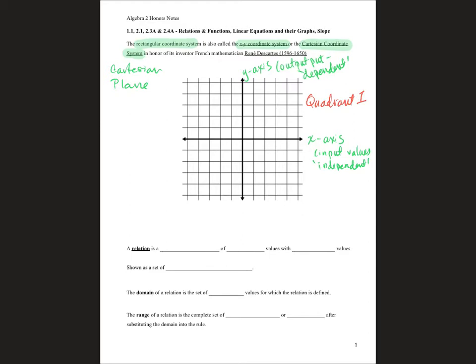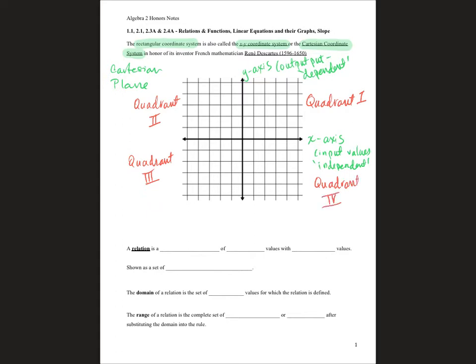Then if we move in a counterclockwise direction, we have quadrant 2. And then we keep going in a counterclockwise manner, and we have quadrant 3. And then we keep going, and to the right, we have quadrant 4.